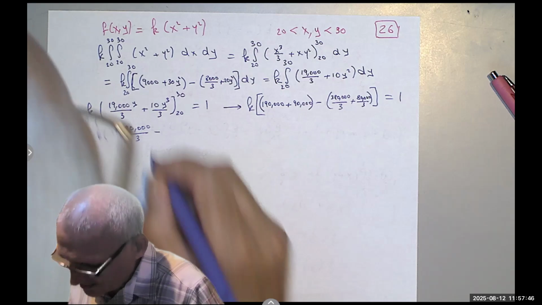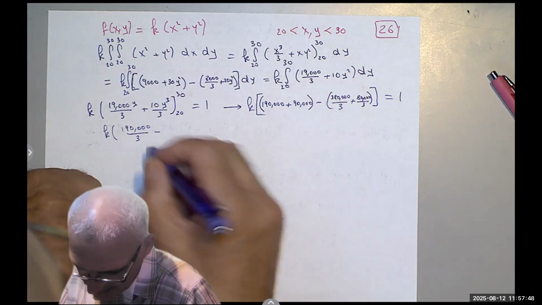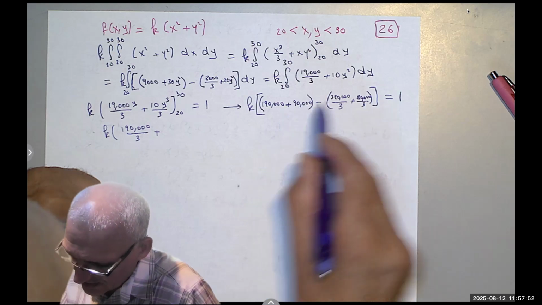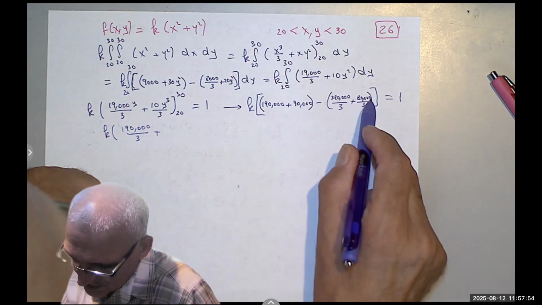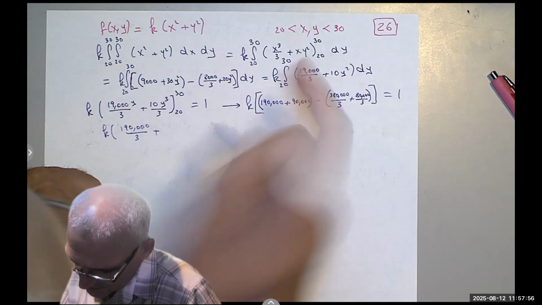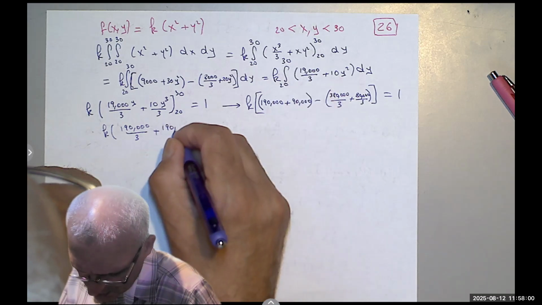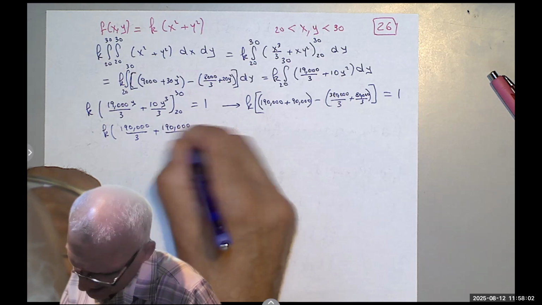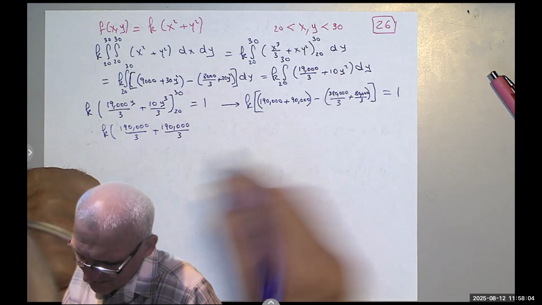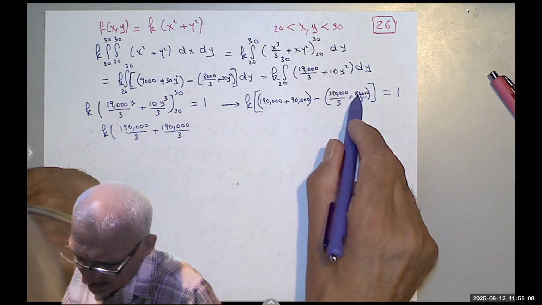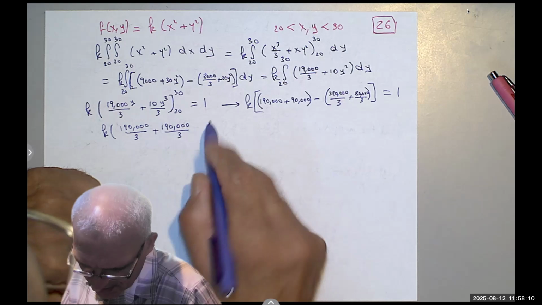Plus 90,000 is 270,000, minus 80,000, so it's 190,000 over 3 again. We get the same number, right? 3 times 90 is 270, and 270 minus 80 is 190, so it's 190,000.